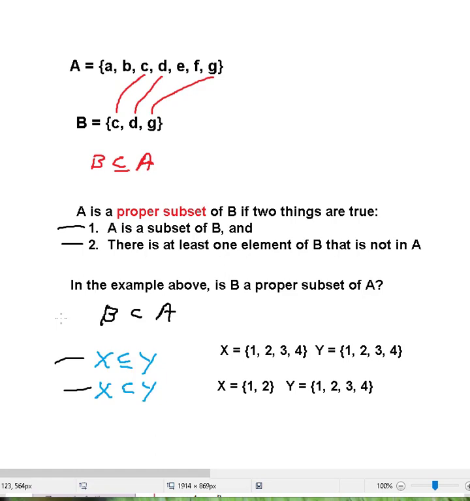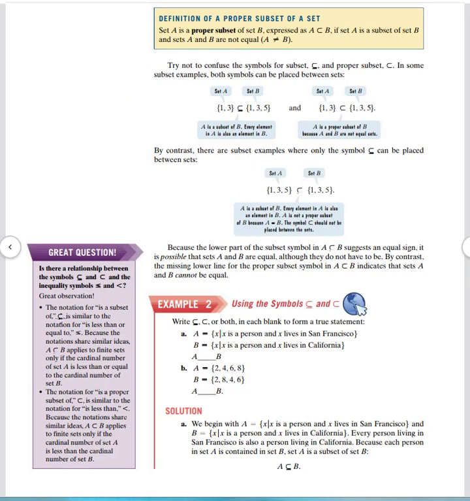Is set X a subset of set Y? Yes, because everything in X is in Y. Is X a proper subset of Y? Well, yeah, because both of those things are true. X is a subset of Y, and there's at least one element in Y that's not in X. There's the difference. Let's take a look at example 2 down at the bottom of the page.